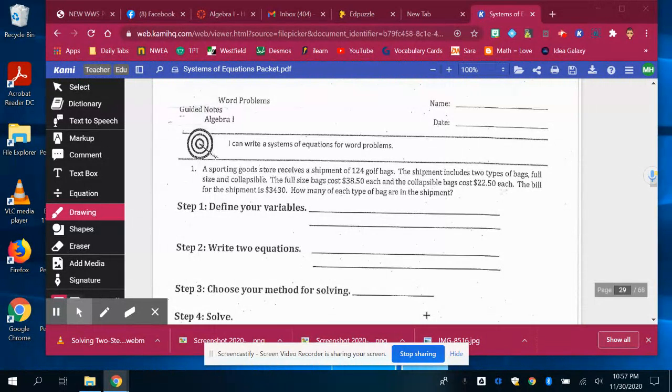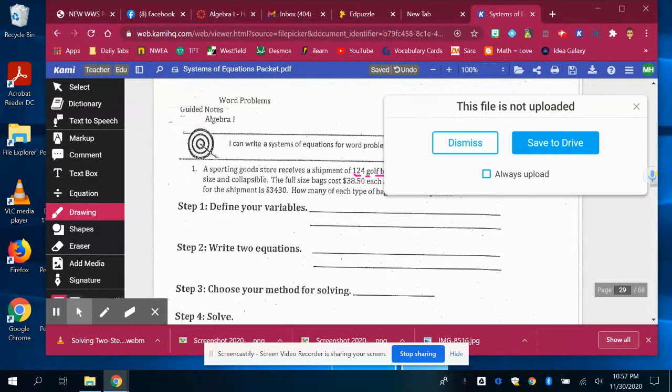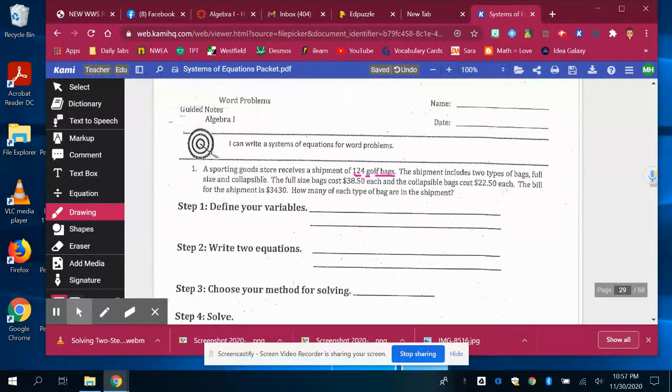Number 1, a sporting goods store receives a shipment of 124 golf bags. So altogether, they got 124 golf bags. The shipment includes 2 types of bags, full size and collapsible.